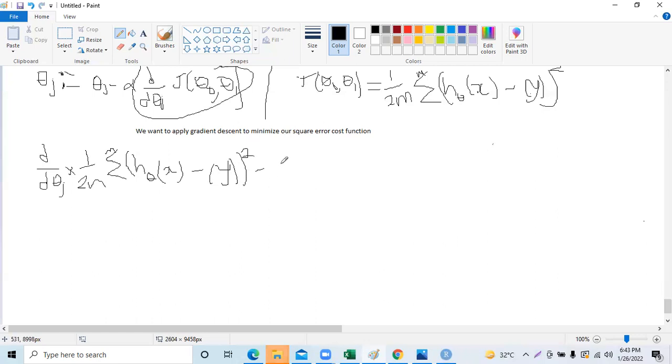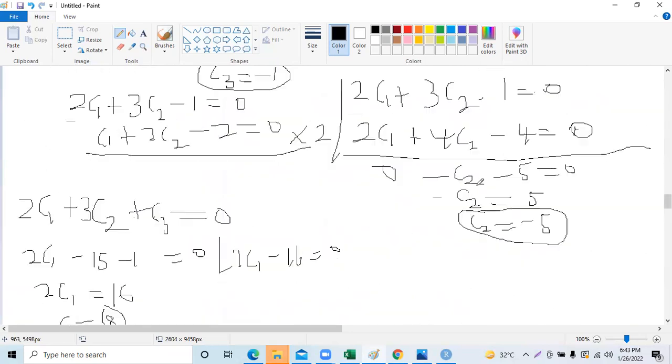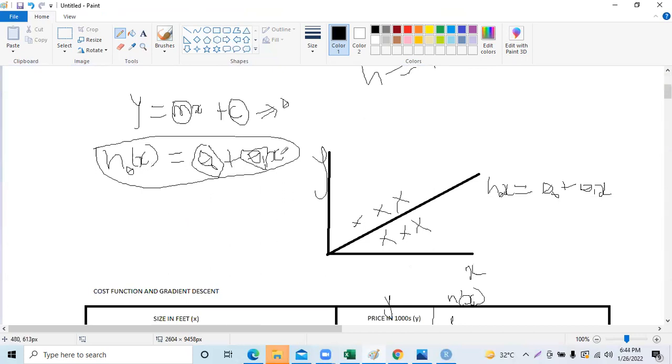If I want to replace my h of x, remember that my h of x equals theta 0 plus theta 1 x. That's what we did. That was our first model. H of x is theta 0 plus theta 1 x.